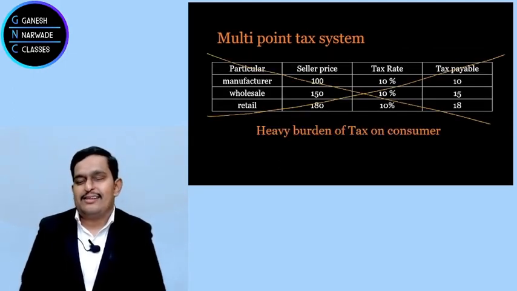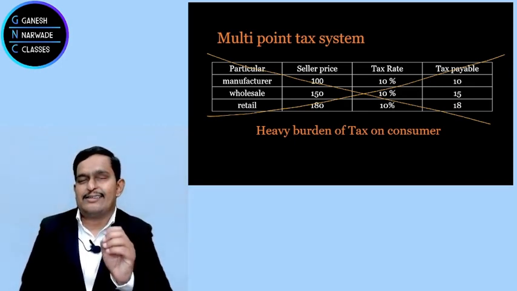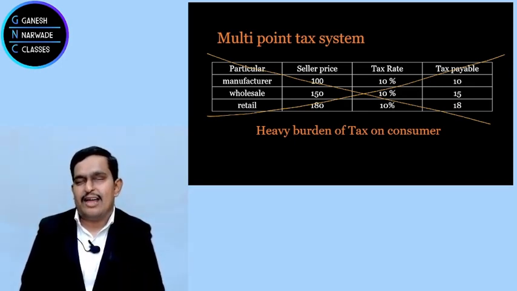But this is very good actually in some sense. At every stage government is collecting something, so government will not have a risk. So what they did, they added something to this multi-point tax system and created a nice taxation system, and that is multi-point tax system on value addition.